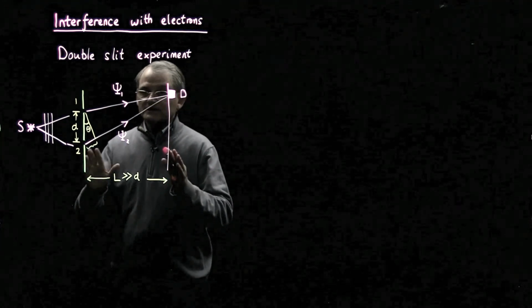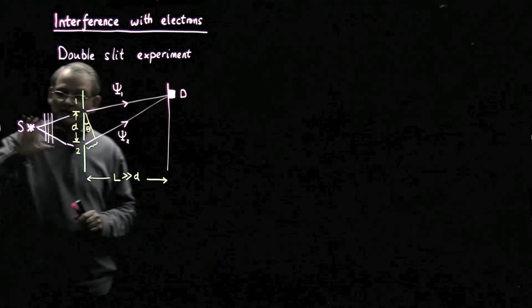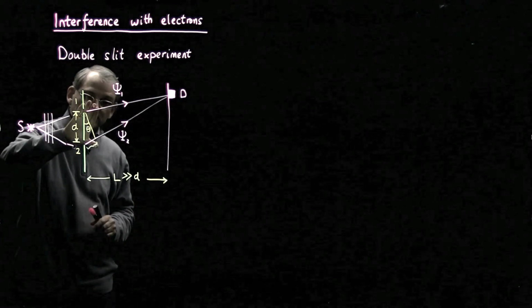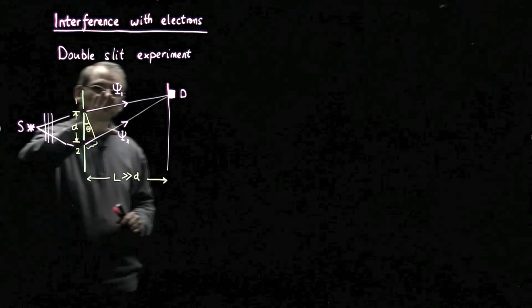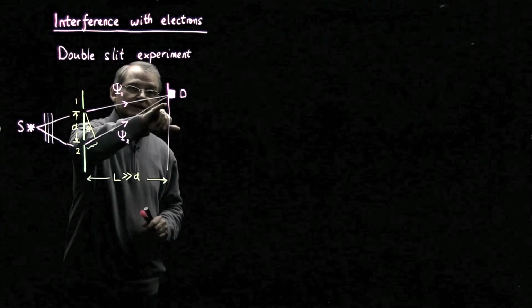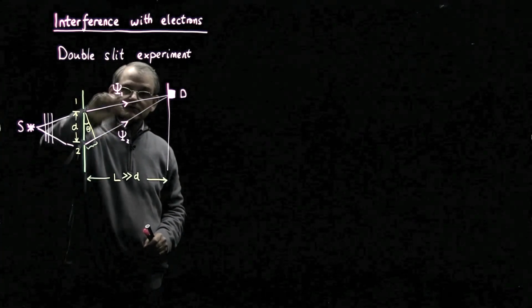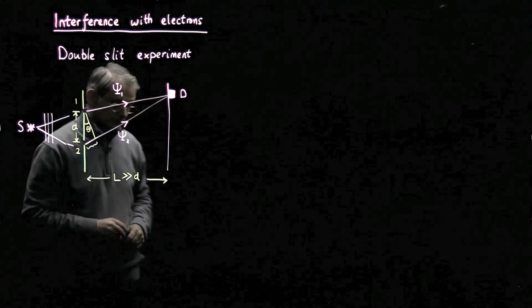So just to go back to look at that, in the first instance, a source of electrons, a coherent beam of electrons, is coherently split into two equal parts that travel over a distance to a detector D, and you get constructive or destructive interference depending on the phase difference between psi1 and psi2.